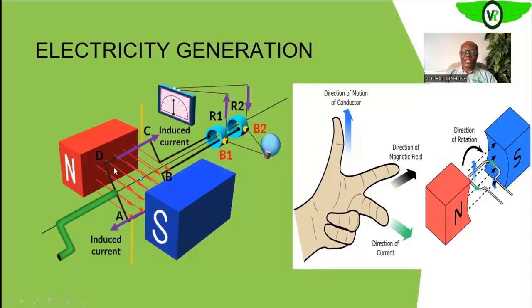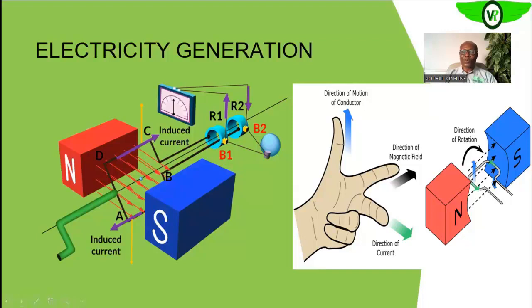Since it is rotating, in one instance it is moving DC. In another instance, it is moving AB. So when AB comes up, instead of it flowing backward, it will be flowing forward.